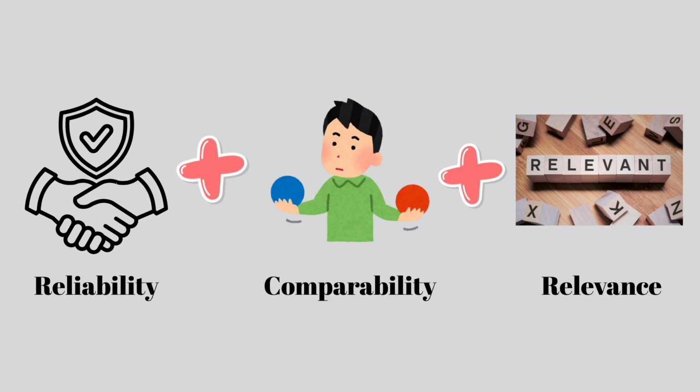Then comparability, this is to ensure that the accounting information provided can be compared with that of other organizations. So if I'm going to invest in company A, I can take its financial statement and compare with that of company B to give me an idea of the best investing decision to make.